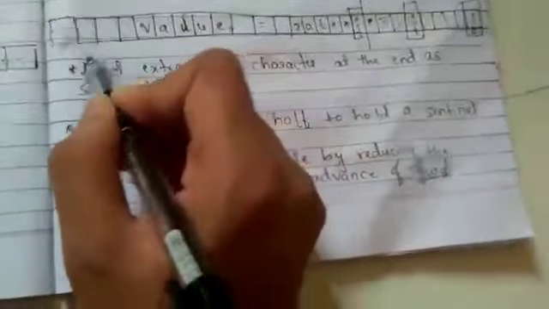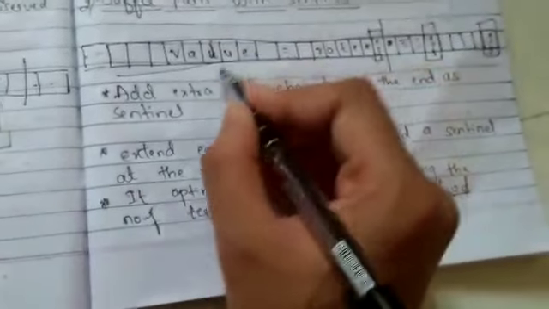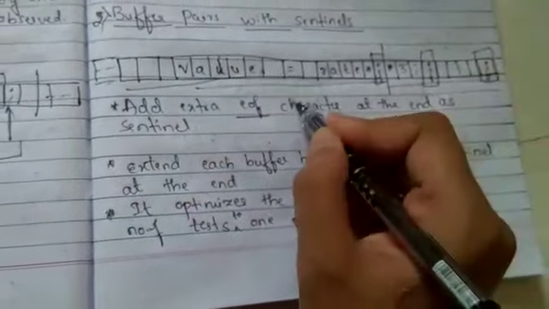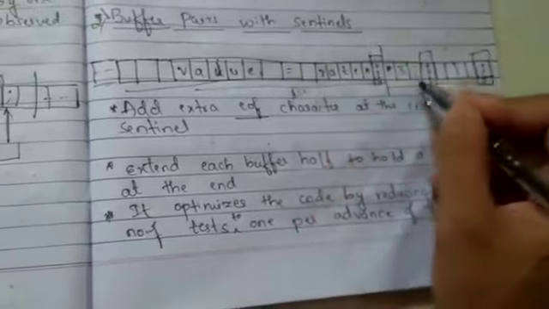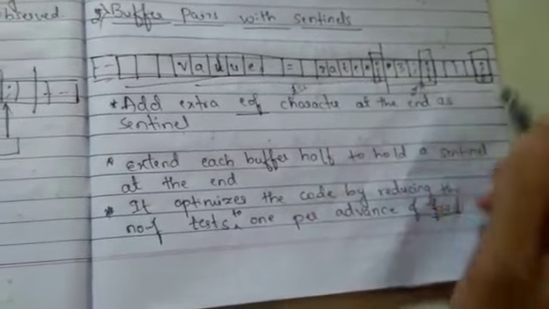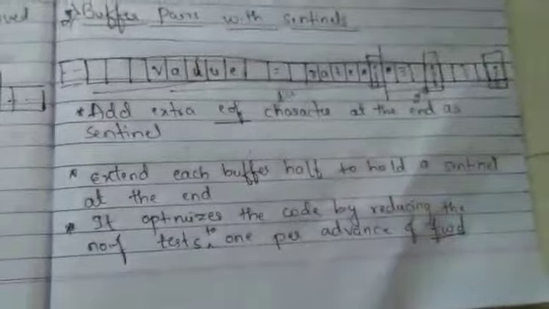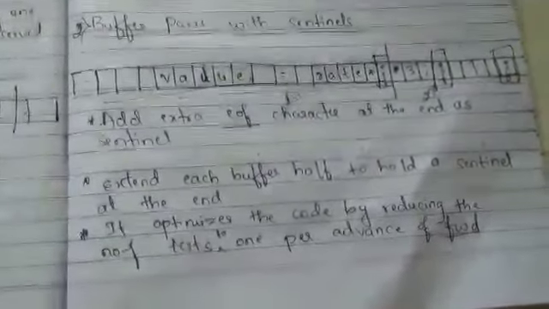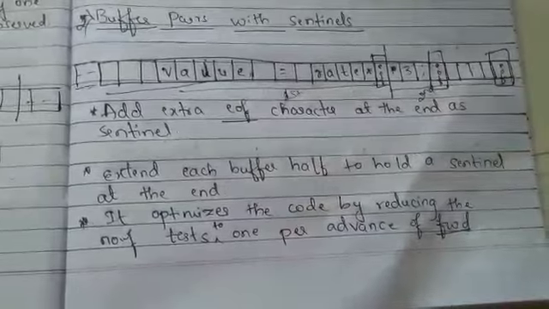Here this is the complete first half and this is the second half. We add an extra character at the end as a sentinel, so we are using the EOF character at the end as a sentinel.